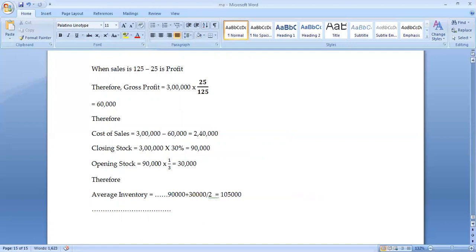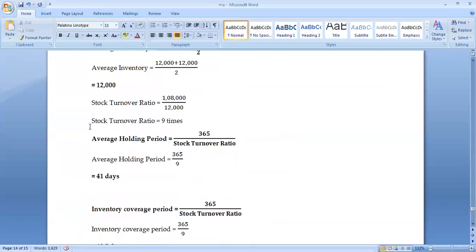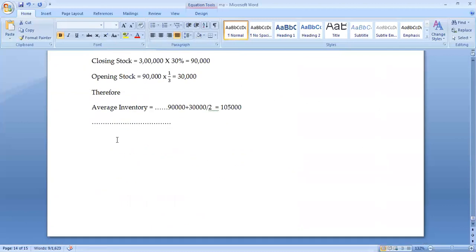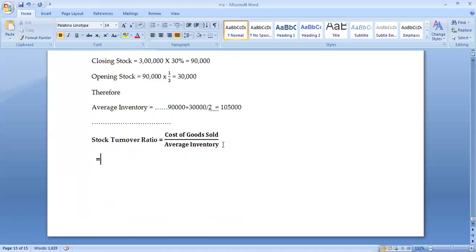Okay. So now you have to find out the stock turnover ratio. Stock turnover ratio is equal to cost of goods sold, which is 2,40,000, divided by average inventory, which is 1,05,000.